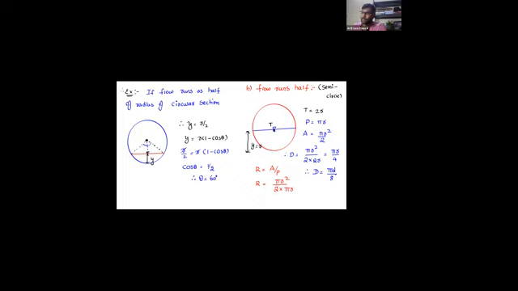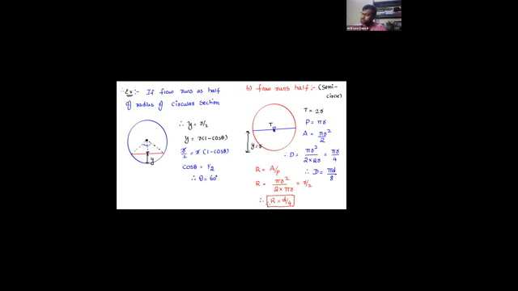Pi r. Yes. So now pi will get cancelled, r will get cancelled, then it is going to be r by 2. Or in other words, R is equal to d by 4. So when flow runs half in a circular section, the hydraulic radius is d by 4.